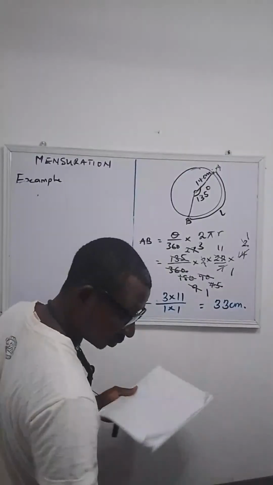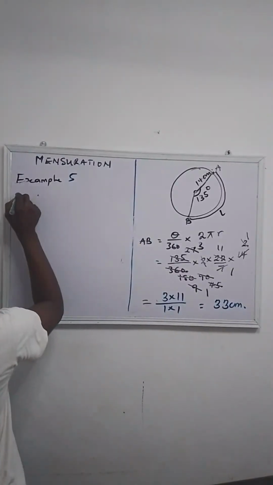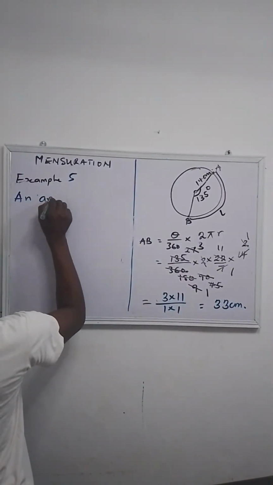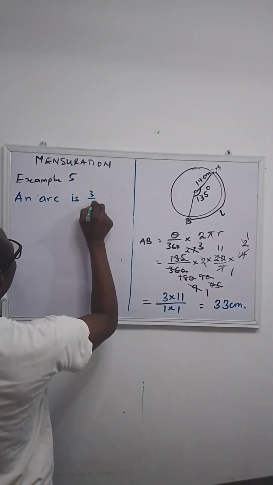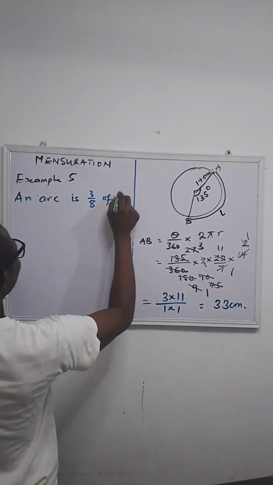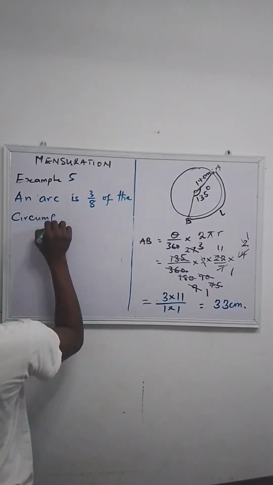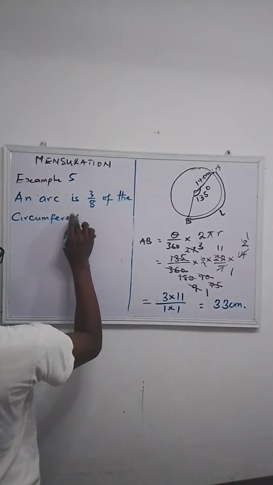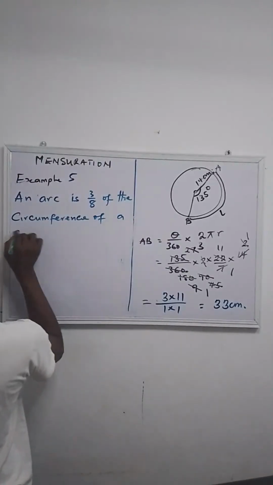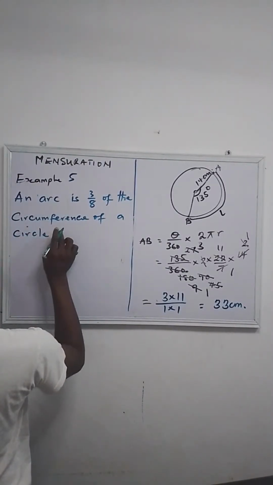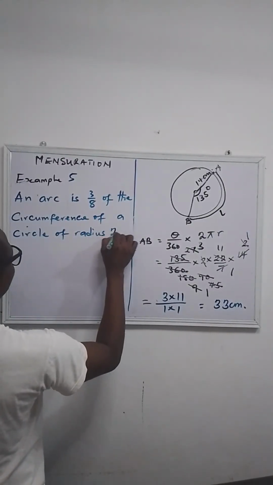Example 5. An arc is 3/8 of the circumference of a circle of radius 28 centimeter.